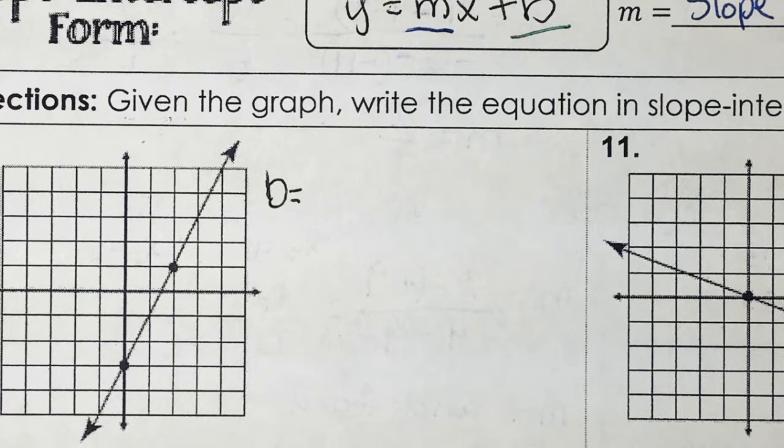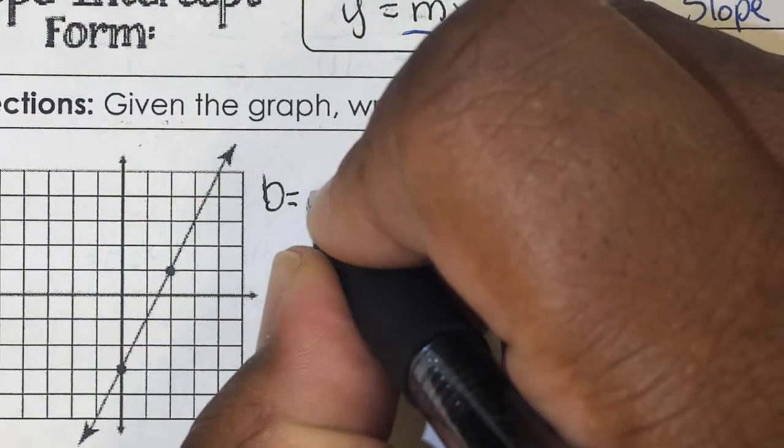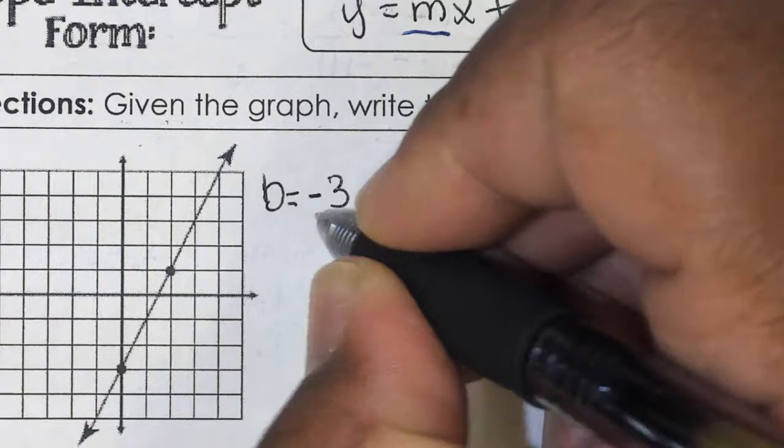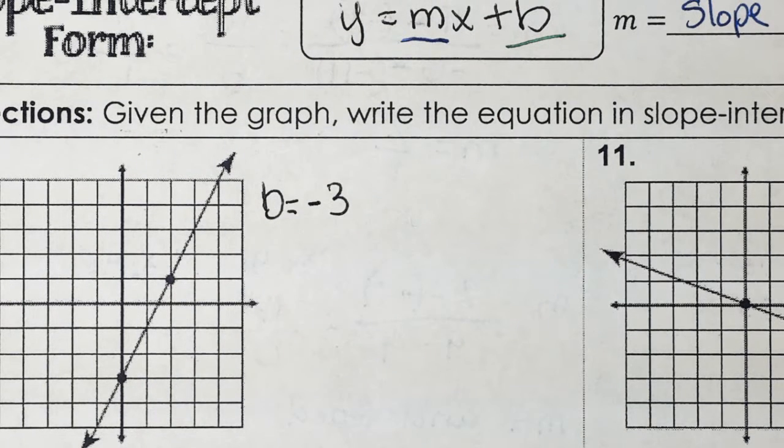You know what to say, but do you know what it is? It's in the word. It's where your line intercepts the y-axis. Alright, so you got your y-intercept at -3.